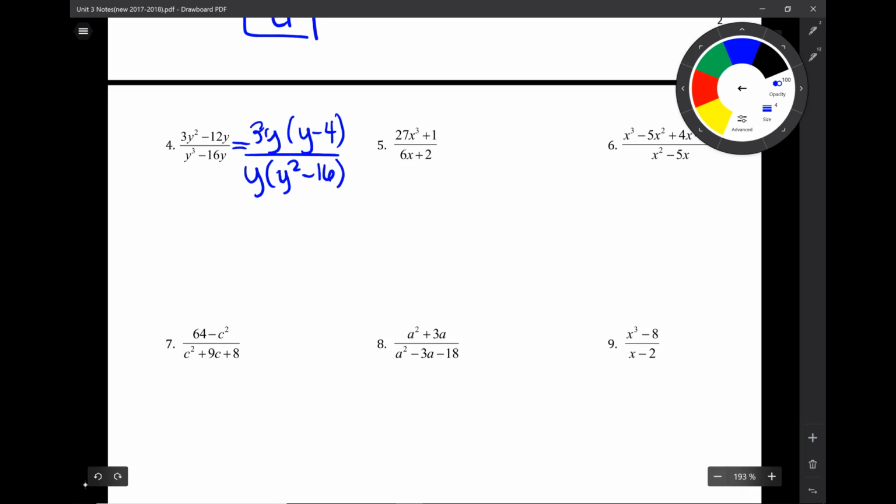And let me pause there for a second. Is there more factoring that I can do? I notice that I have a y squared minus 16 in the denominator, so I'm going to factor that one more time to be y plus 4, y minus 4.